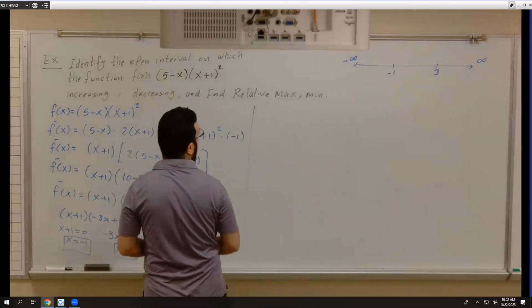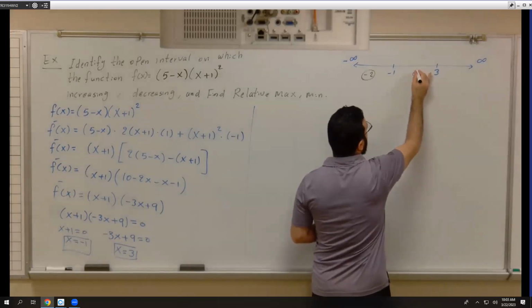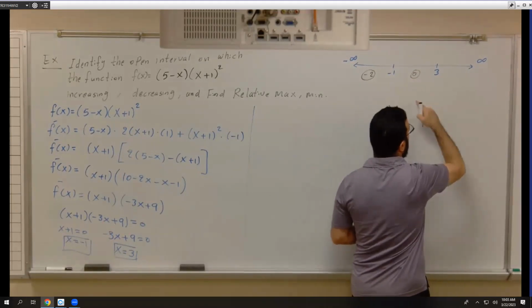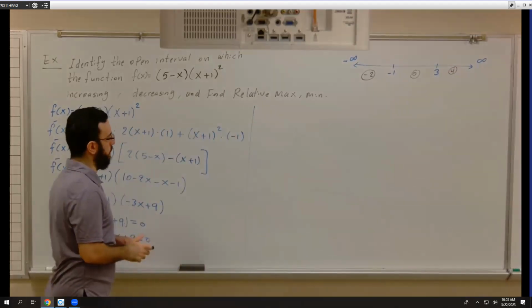For the interval left of negative 1, I'm going to choose negative 2. Between negative 1 and 3, I can choose 0. You can choose any number between negative 1 and 3, and any number between 3 and infinity. Choose 4. You don't have to choose a really big number.